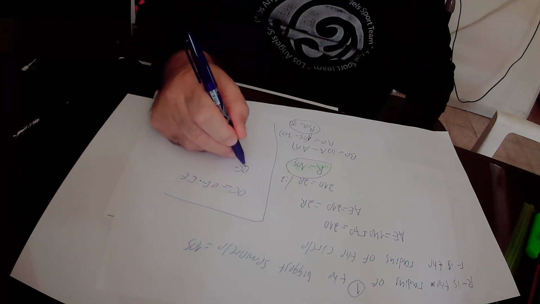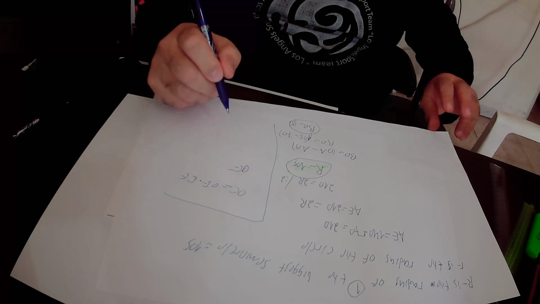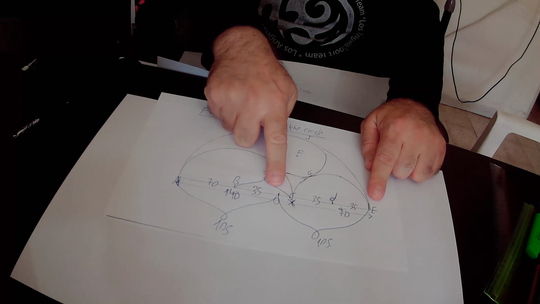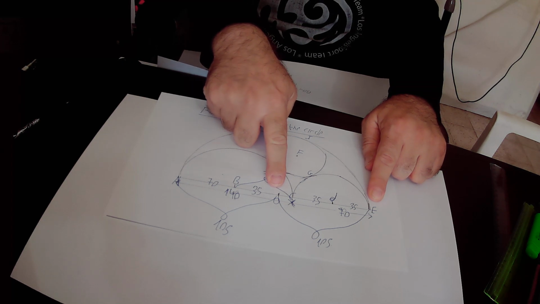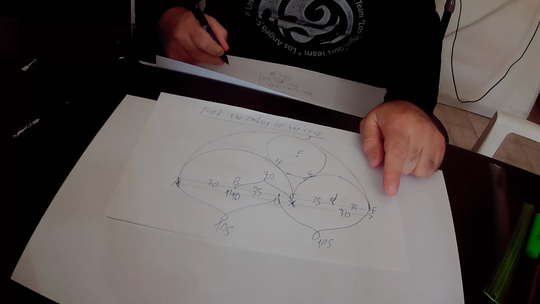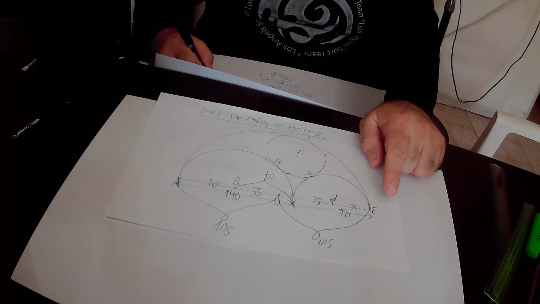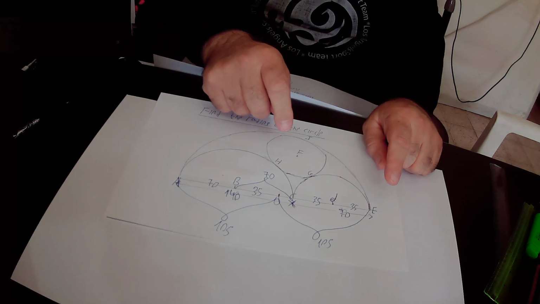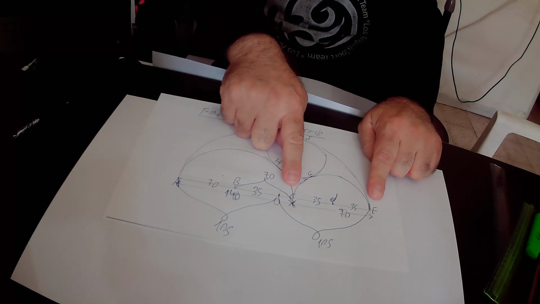So OC equals OE. OE is the radius of the biggest semicircle, that is equal to 105 units, minus CE.